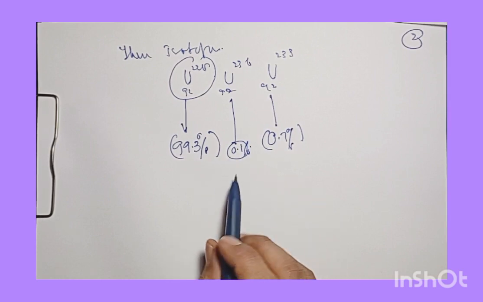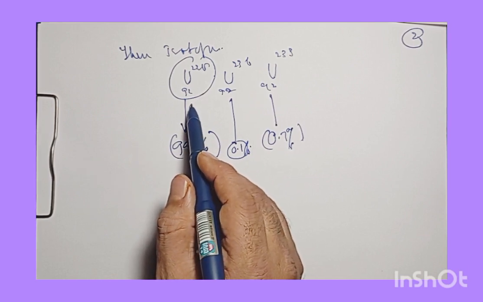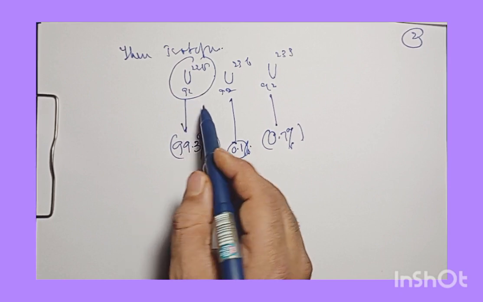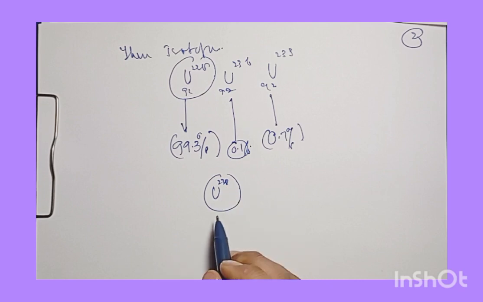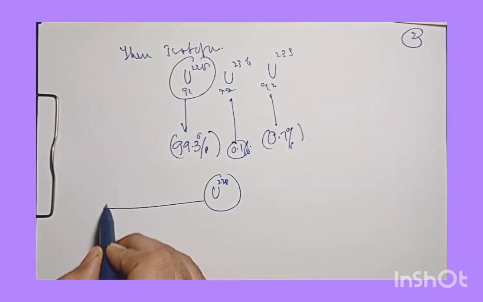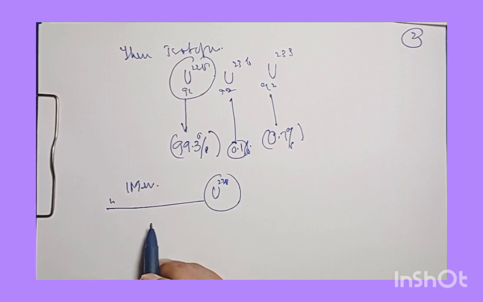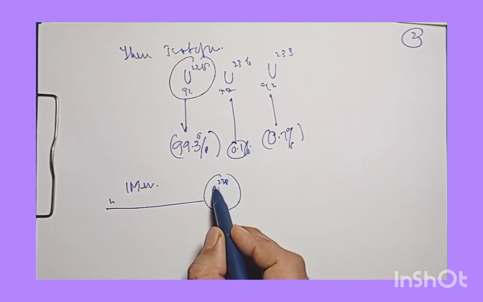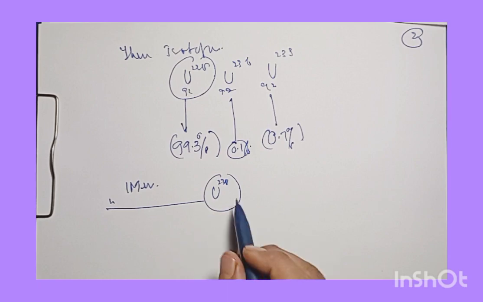And this uranium-238 can be fissioned only by fast moving neutrons, and their energy should be 1 mega electron volt and even more. Neutrons having low energy are simply absorbed by uranium-238, and hence the chain reaction cannot take place.